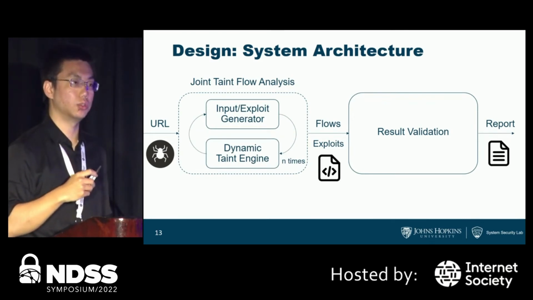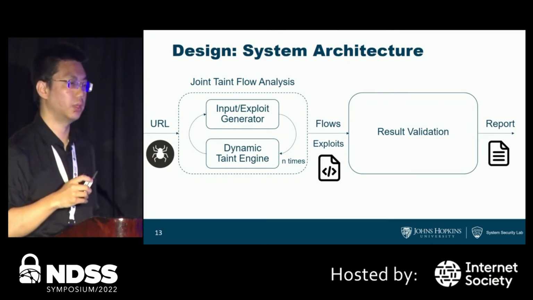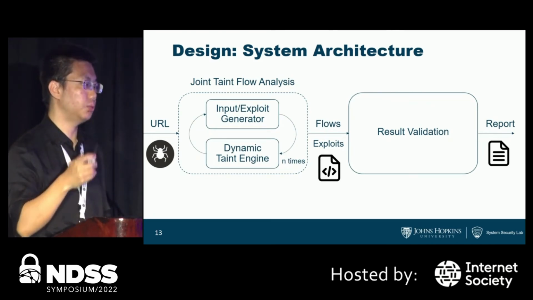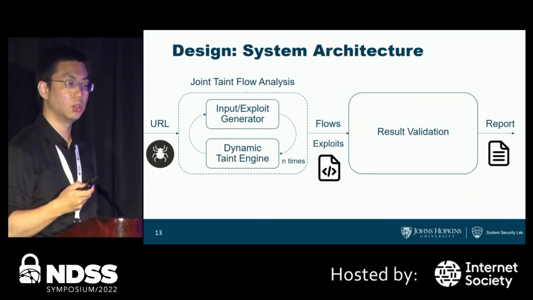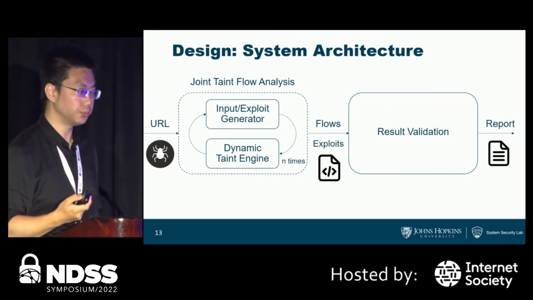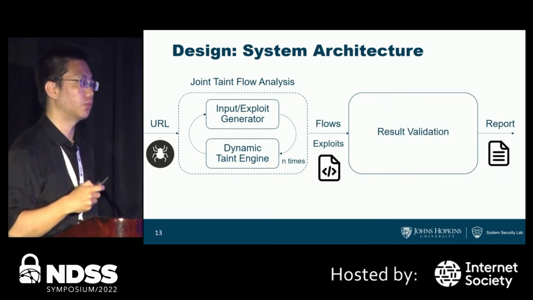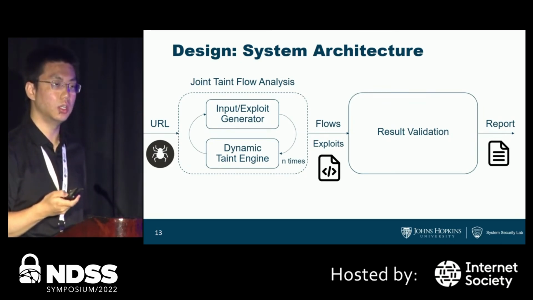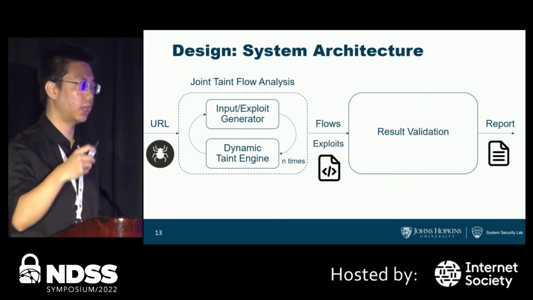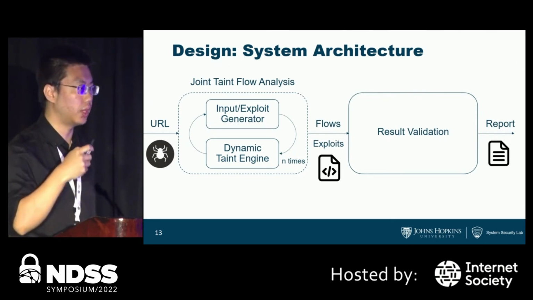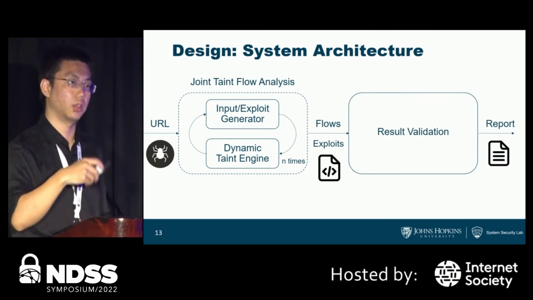In the first module, the input exploit generator generates inputs for the dynamic taint engine to do the taint tracking. Then the dynamic taint engine provides sufficient information for the input exploit generator to generate the next step input or the final step exploits for the result validation to validate.